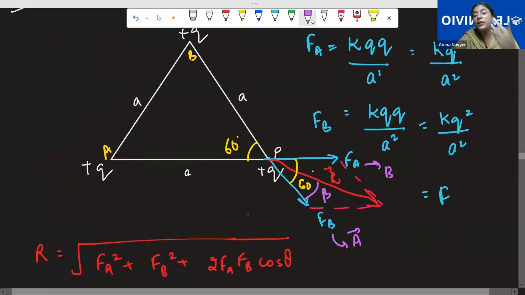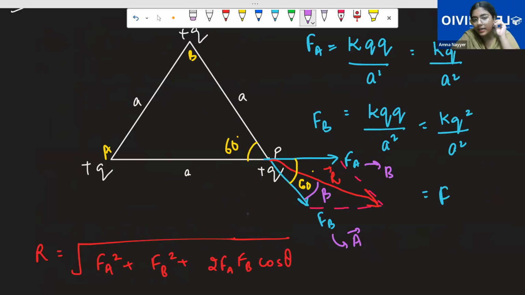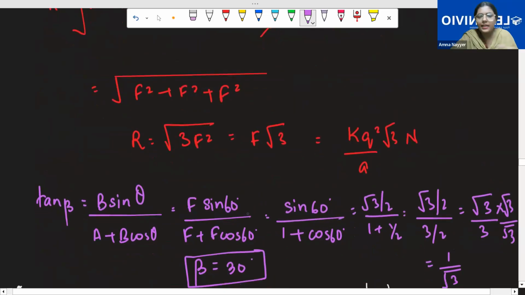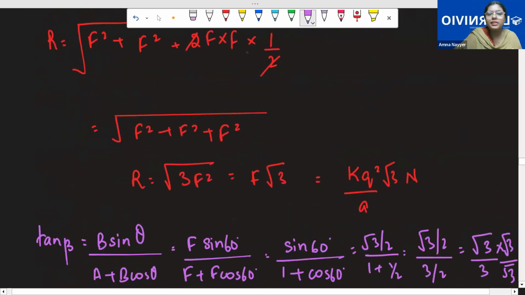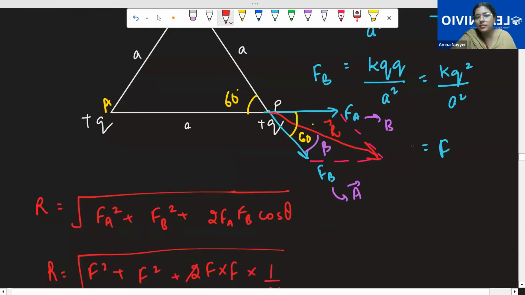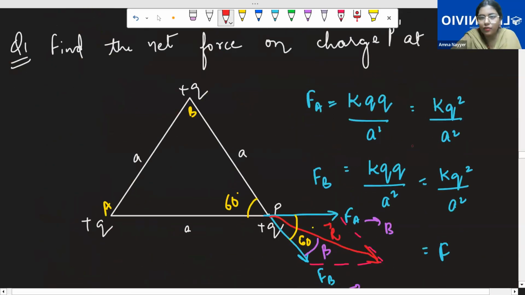So this resultant had to be the angle bisector. Anyways, this was from your vectors, and that's how we write the magnitude. This is the magnitude. And this is the angle, and this is the figure for it.